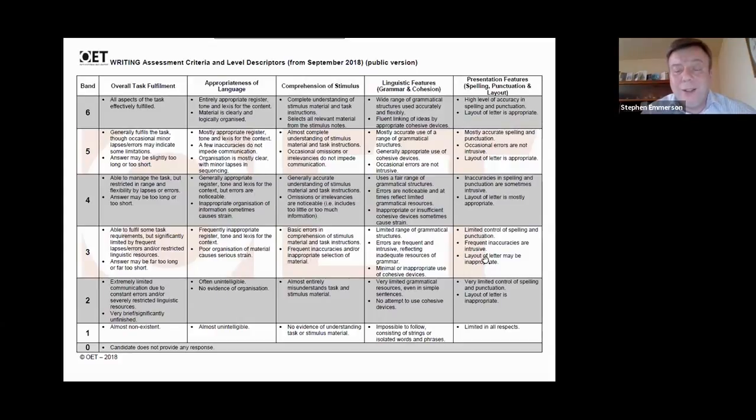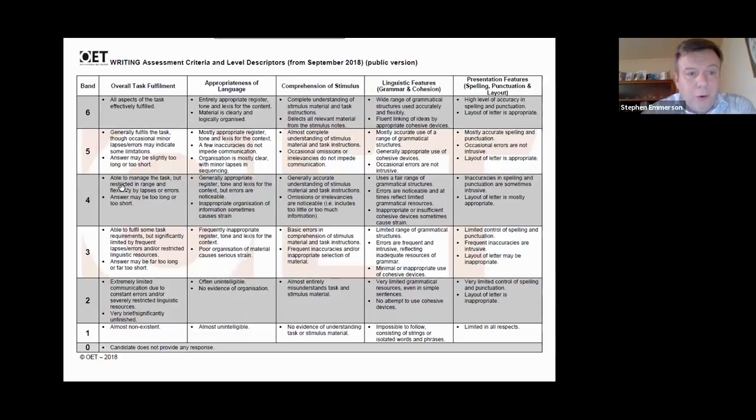And again, you'll see layout of letter may be inappropriate. So now we want to be looking at a good foundation to move up to getting a B or A. So where you've got to, you can understand things, but you need to improve a little.